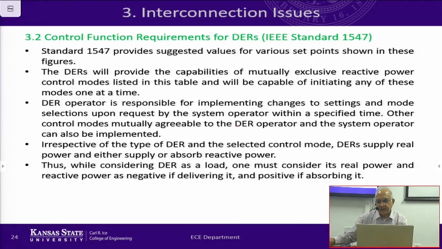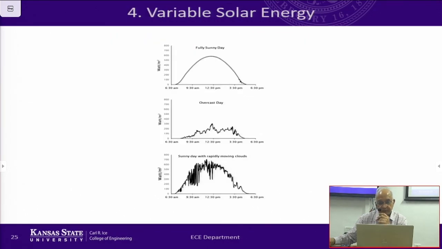Okay, so these are some interconnection issues. Now I want to talk a little bit about variable solar energy. This is one of the issues that we have with solar energy: on a real nice day, you get output that looks like this.